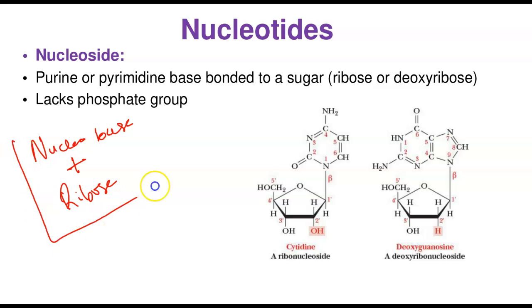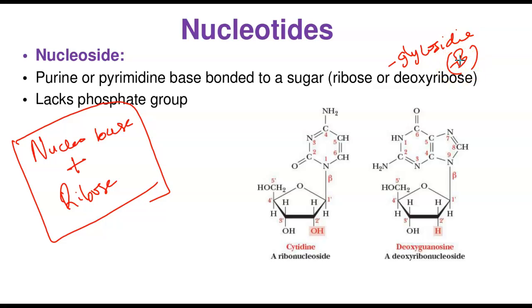So when you combine these two together, the form we call a nucleoside. A nucleoside is a purine or pyrimidine base that is bonded to a sugar, and this bonding is a covalent bond, a glycosidic linkage, usually a beta-glycosidic linkage. It lacks the phosphate group. A very good example here is cytidine. Cytidine is a ribonucleoside of a pyrimidine.